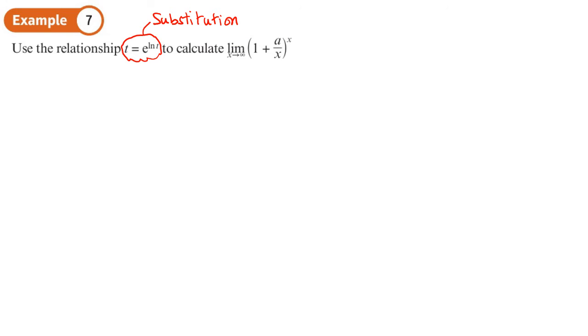Let's start by saying let t equal to this part here. That seems to make sense. Let t equal to that whole thing we're trying to find the limit of, which is 1 plus a over x, to the power x.